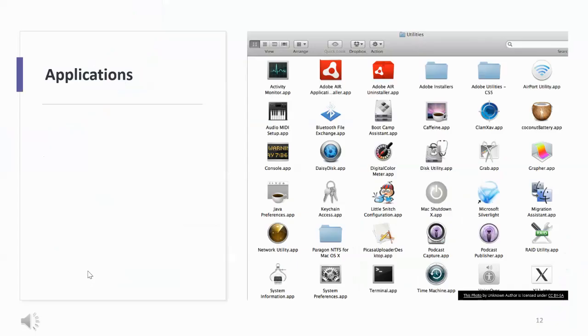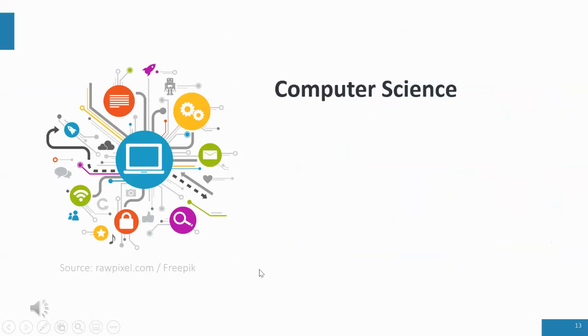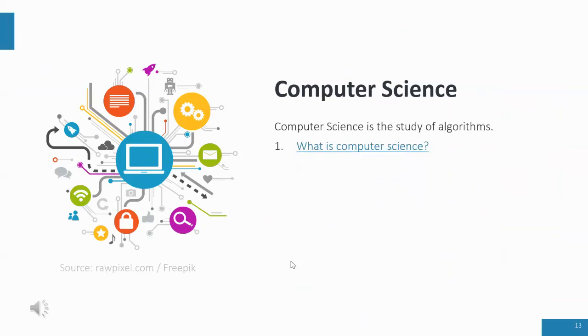Algorithms are used to implement software, including system software and applications. Today, computer applications are almost everywhere and are used in all industries. Now let me discuss fundamentals of algorithms.